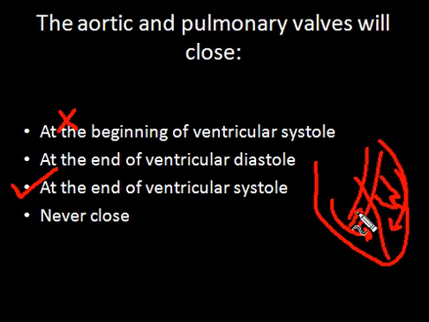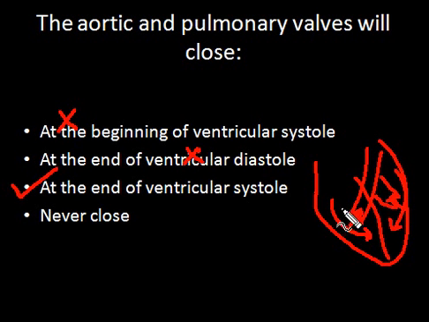So there's no point in these valves closing at that point, because they have to open, really, when systole begins. They will close at the end of ventricular systole, or the other way we could also say, at the beginning of ventricular diastole, not at the end of ventricular diastole. So therefore this is not the right answer either.